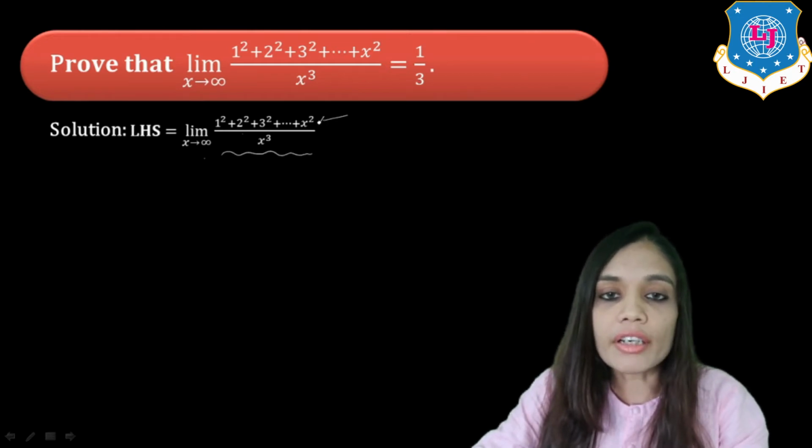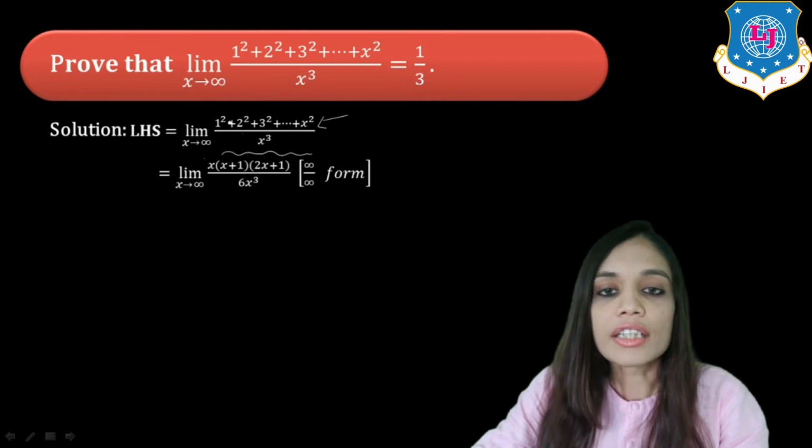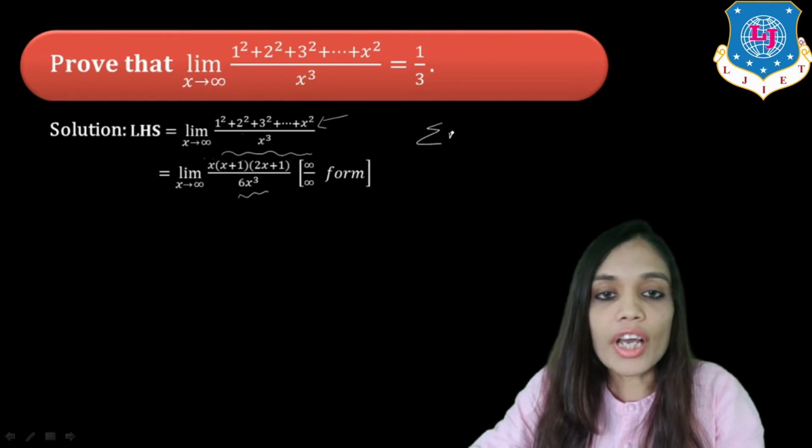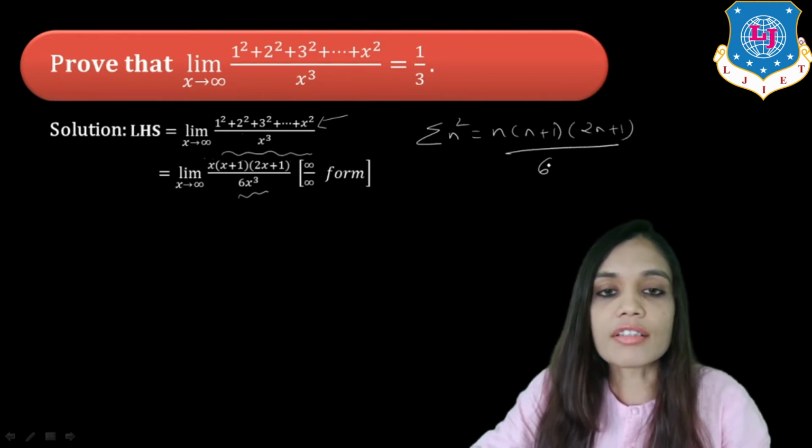Now in the numerator, we will use our formula, that is sigma n square, that will give us x into x plus 1 into 2x plus 1 upon 6, over x cube, because the formula is sigma n square is equal to n into n plus 1 into 2n plus 1 upon 6. Right?